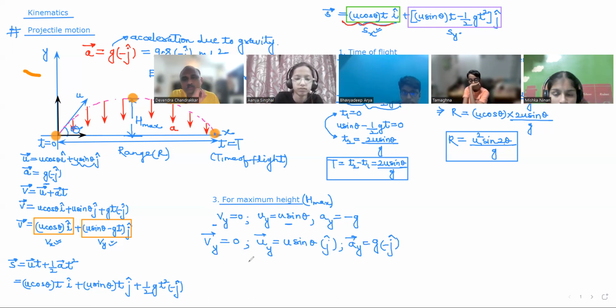Now, do you remember the third equation of motion? What was the third equation of motion? Anya, batao. So the third equation of motion was v square equal to u square plus 2as. Very good. So it was vy dot vy is equal to uy dot uy plus 2 ay dot h max.